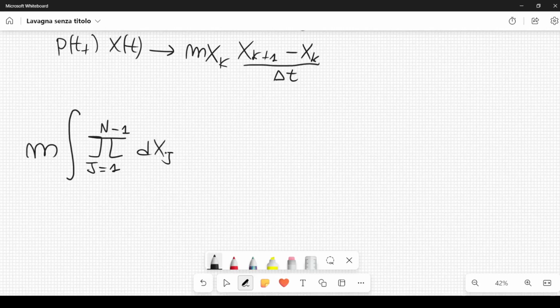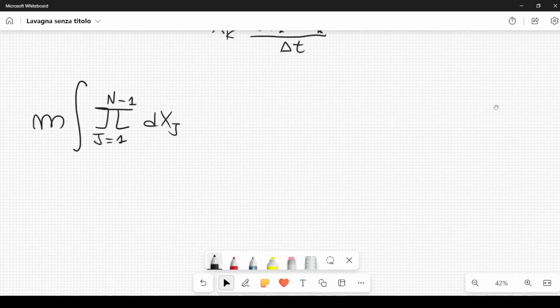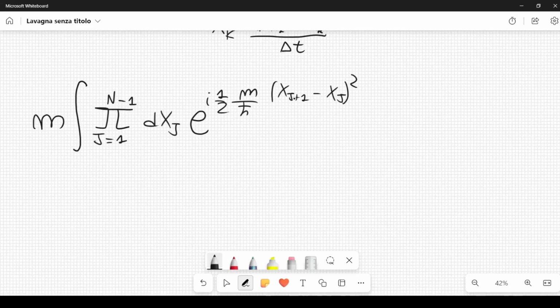Since we are discretizing these quantities, we can also rewrite the exponential with the action. We can rewrite it like this: e to the i, 1/2 m over h bar, times (x_{j+1} minus x_j) squared divided by delta t squared, and we also have to multiply by delta t, and we put this inside the product.